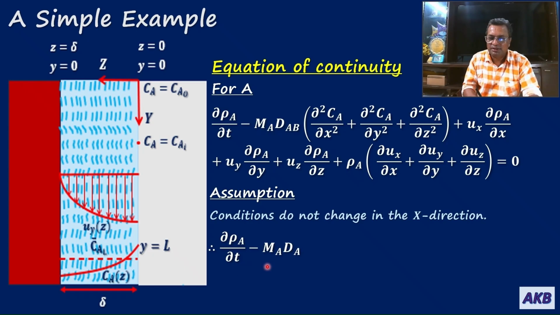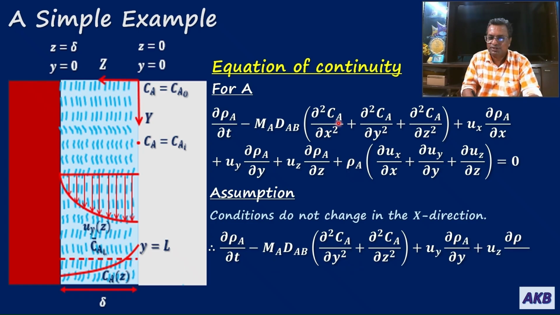∂ρA/∂t − MA·DAB·(∂²CA/∂y² + ∂²CA/∂z²) + Uy·∂ρA/∂y + Uz·∂ρA/∂z + ρA·(∂Uy/∂y + ∂Uz/∂z) = 0. We have made the x terms 0 because conditions are not changing in the x direction.